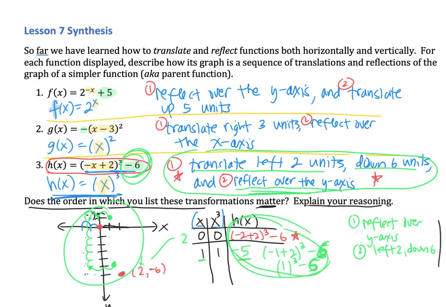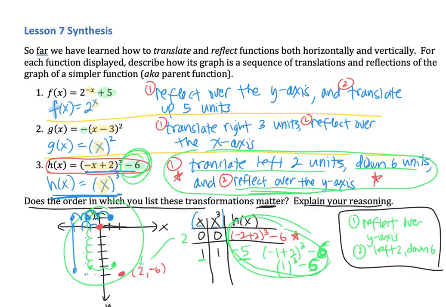My point then is saying that what if you had said reflect over the y-axis and then do your translations? So if I took this red point, and we won't do the red one because that doesn't work. If we took the green point up here, I'm now going to make it blue. And first I reflected over the y-axis, so I would go 1 to the left, so I'd be here. Then I moved left 2, so I would have to go 2 more to the left, and then I would go down 6.